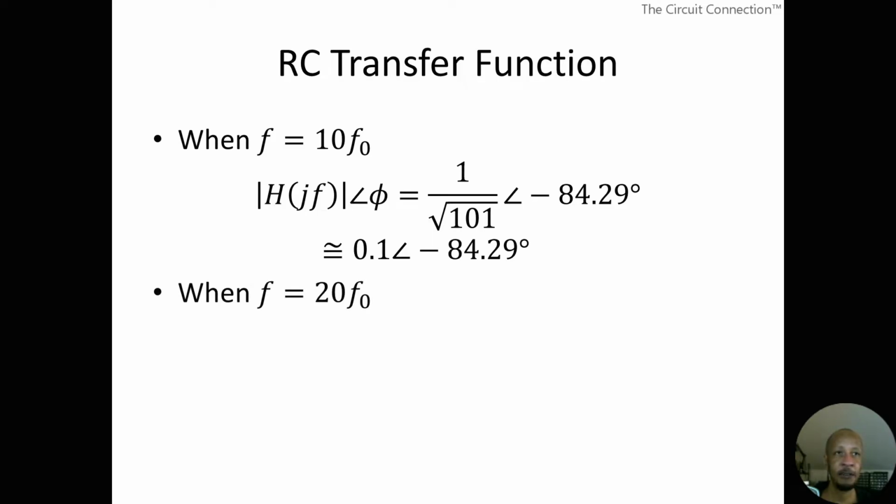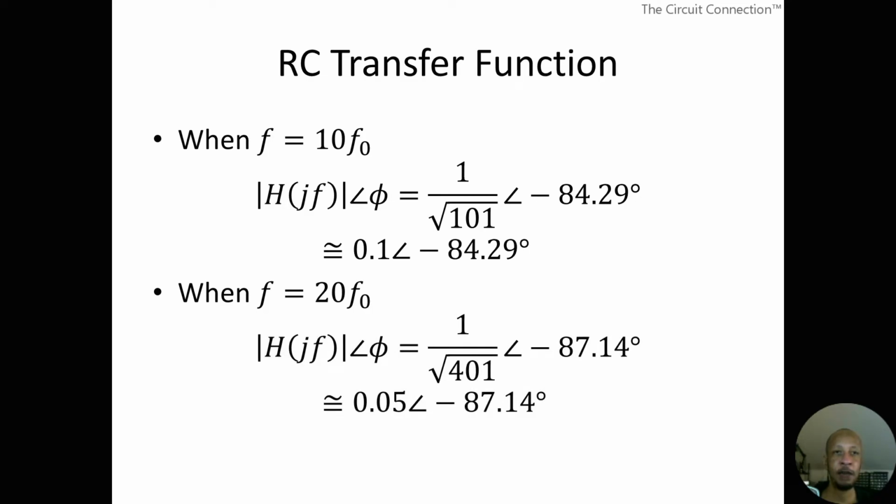When F equals 20 times F0, then you're going to have 1 over the square root of 401 at an angle of negative 87.14 degrees. And 1 over square root of 401 is approximately 0.05. That's going to be your magnitude.